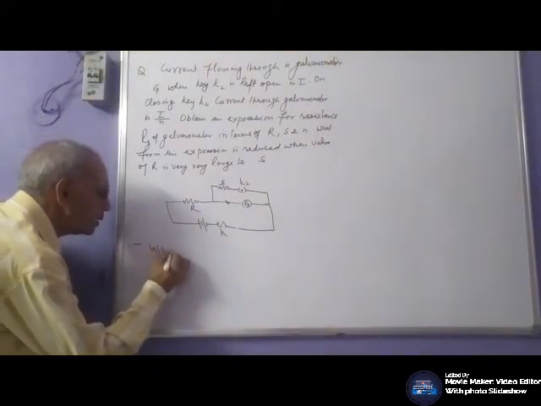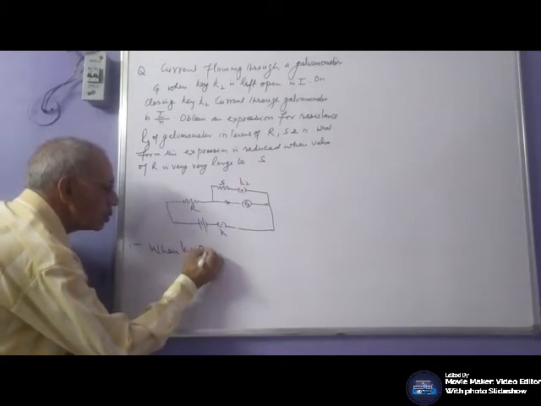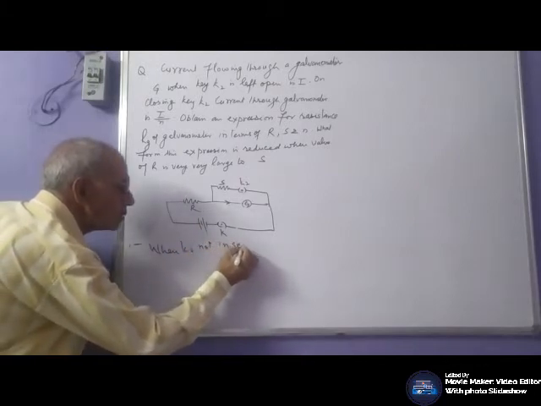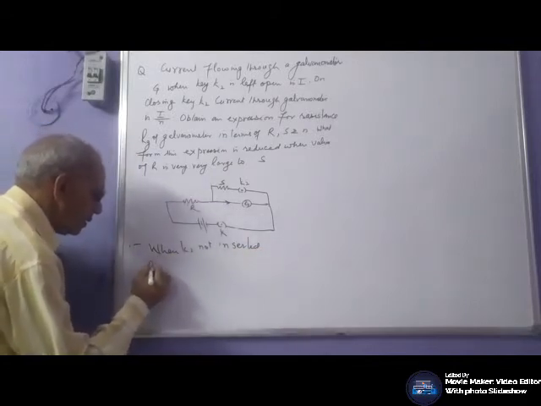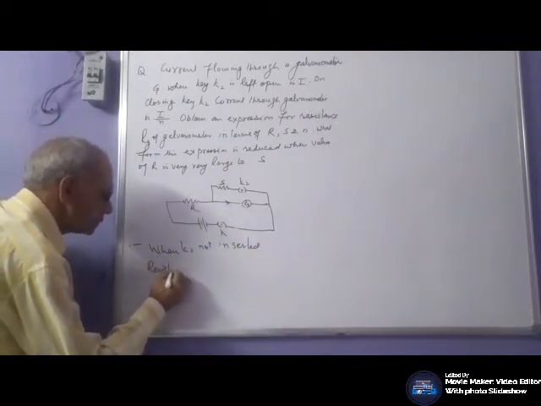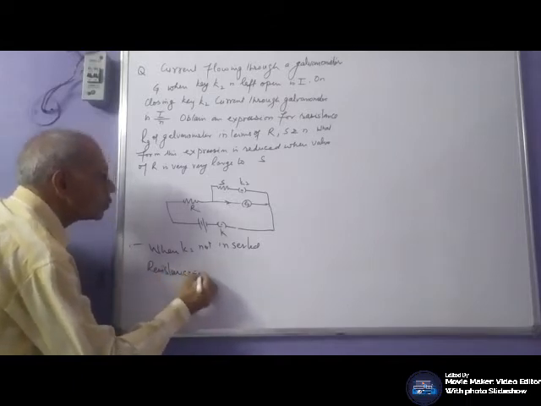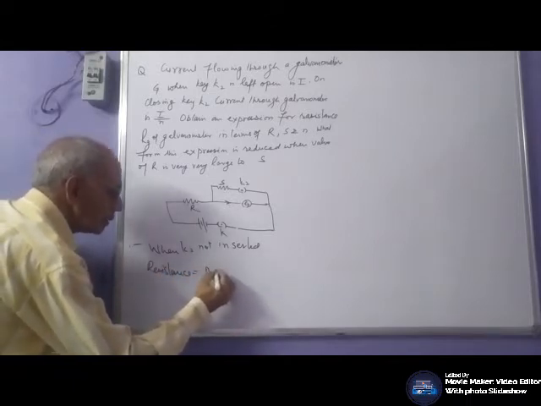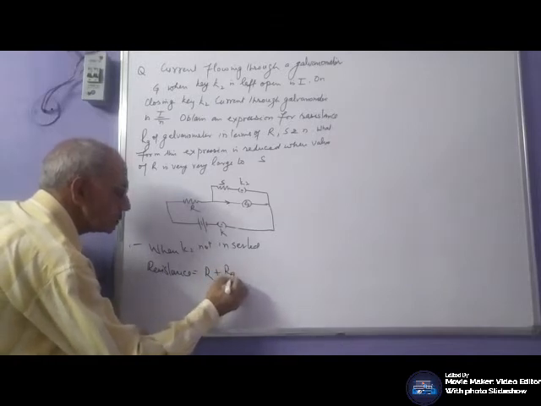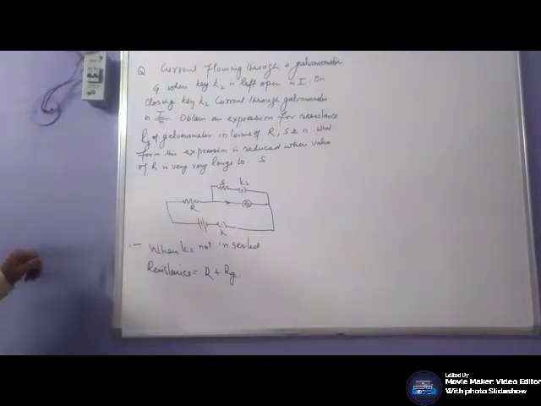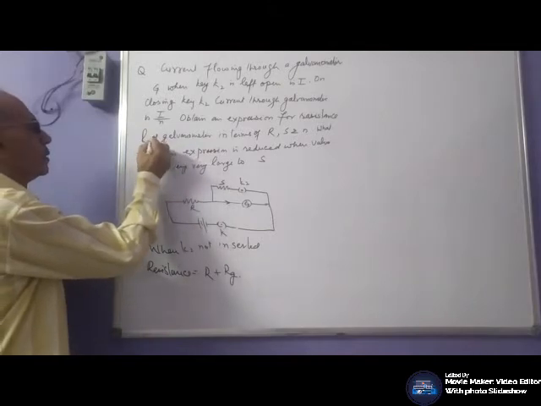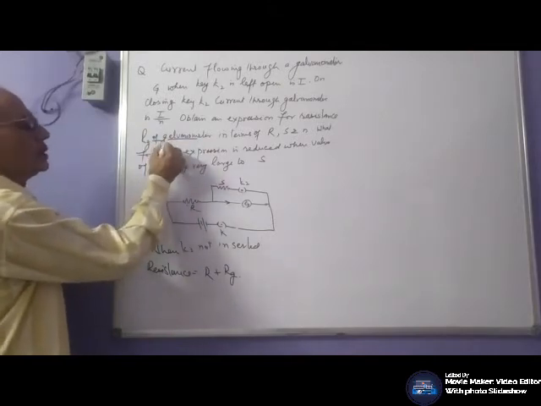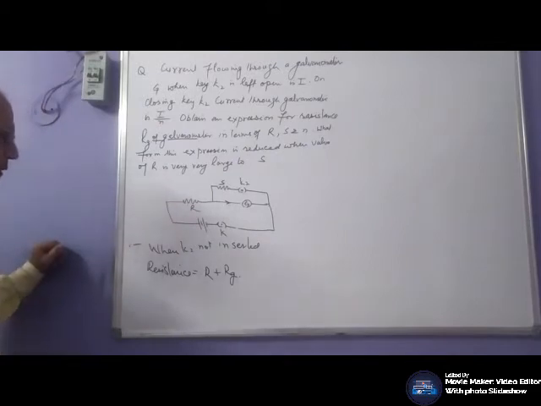When K2 is not inserted, the resistance is R plus Rg, where Rg is the resistance of the galvanometer.